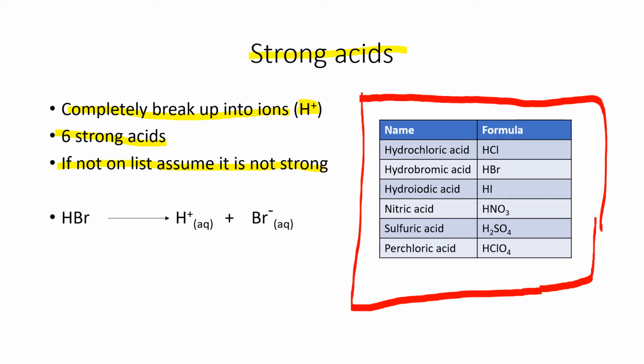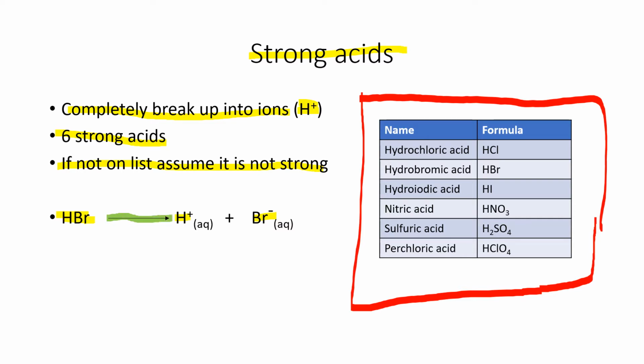Strong acids are going to break up just like the strong electrolytes do. They're going to completely break up into ions when you place them in water. So one of the acids on our list, HBr, when we place that into water, is going to completely break up into H plus and Br minus ions. You can see that with the single-headed arrow showing that it's going in one direction.